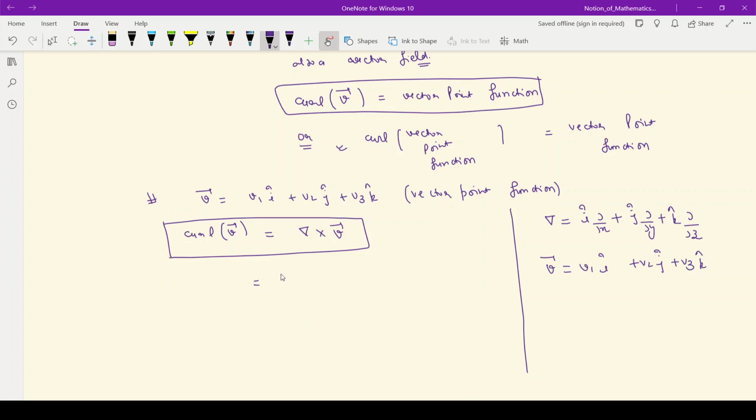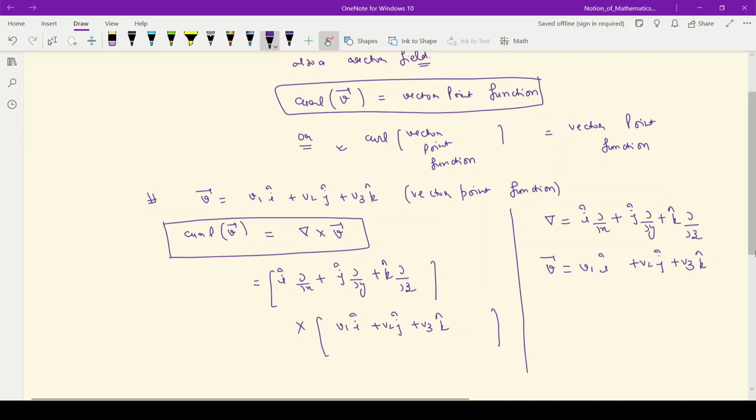So I may write it like i cap partial by partial x plus j cap partial by partial y plus k cap partial by partial z, cross product with this v1 i cap plus v2 j cap plus v3 k cap.